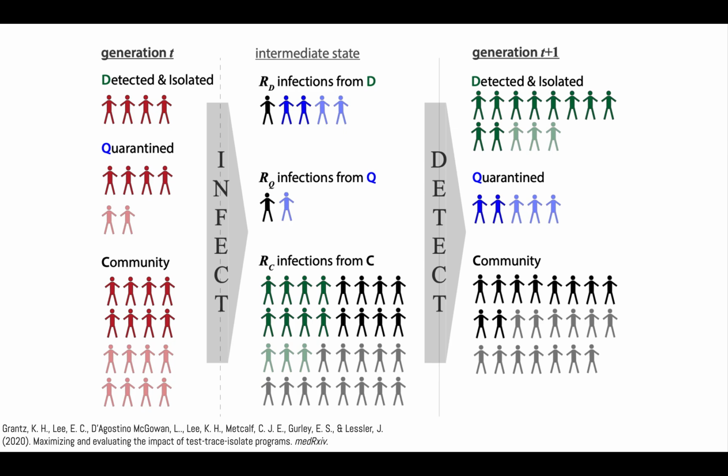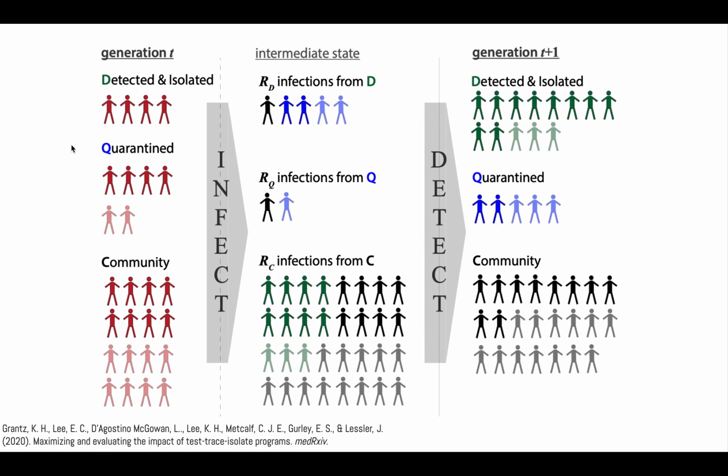And so here's just another visual from our paper that, I think, helps think about what's going on here. At generation T, you have some folks in this detected and isolated compartment. In this case, there are 4 people in that compartment. In the Q compartment, we've got 1, 2, 3, 4, 5, 6 people. And in the community compartment, we've got 16 people.